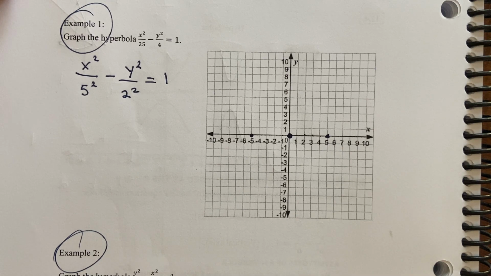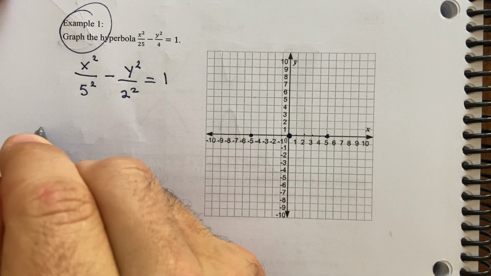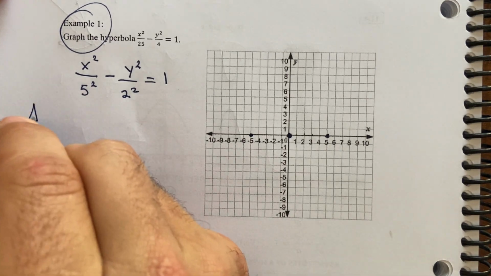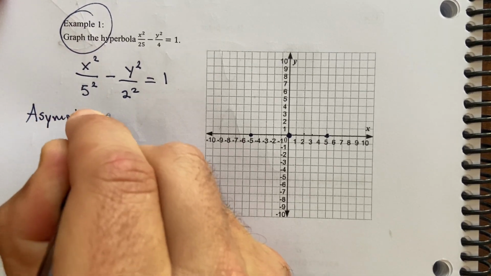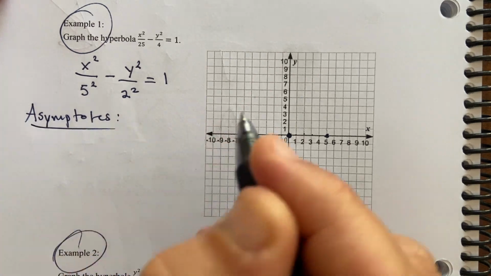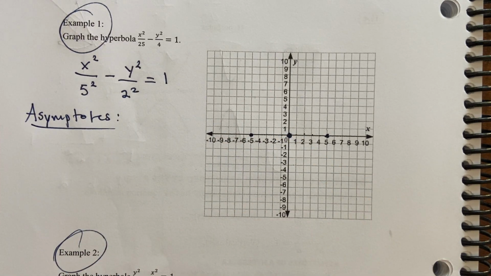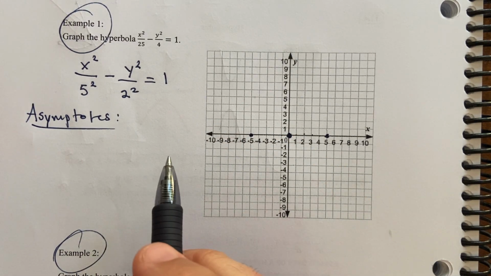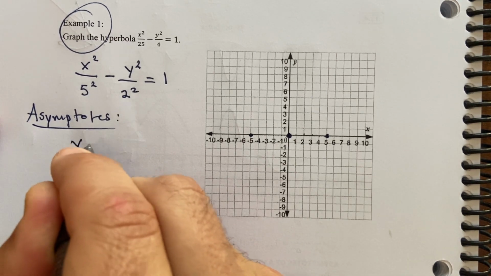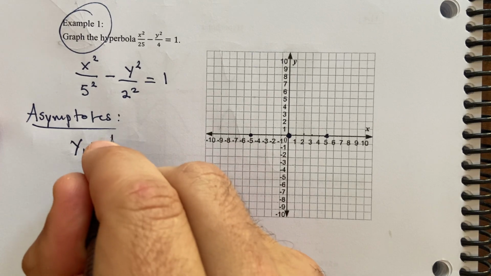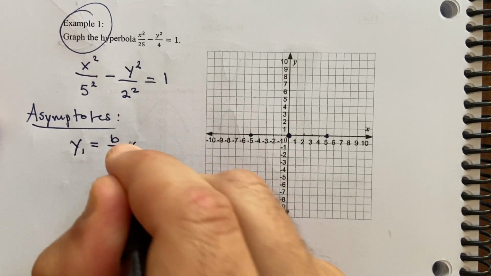But what I want to do before drawing the hyperbola is figure out the asymptotes. Weird word, asymptotes. The first one will come from, if you remember, b over a times x.